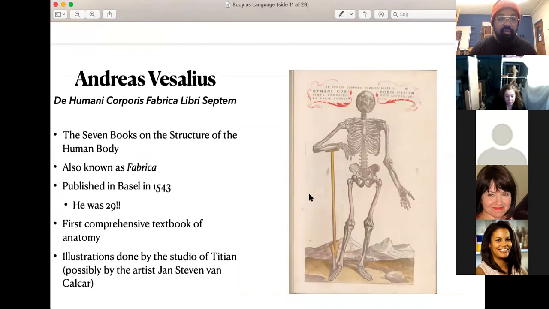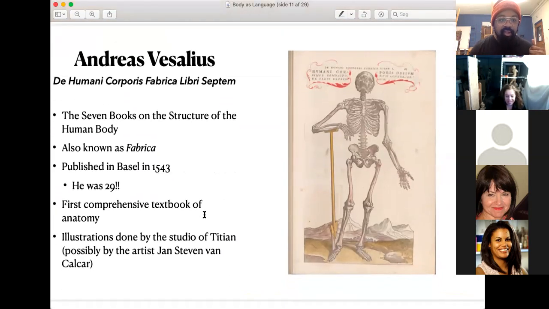So about the book Fabrica, it was the first comprehensive textbook of anatomy. There's 7 books. The first one goes over bones, and the second one goes over muscles. But then there's ones that go over veins and arteries and organs and the whole 9 yards.